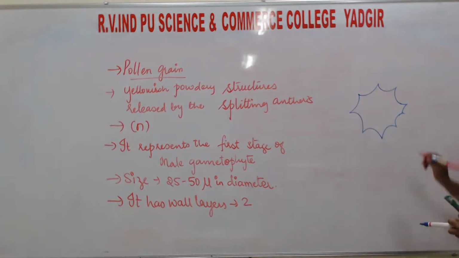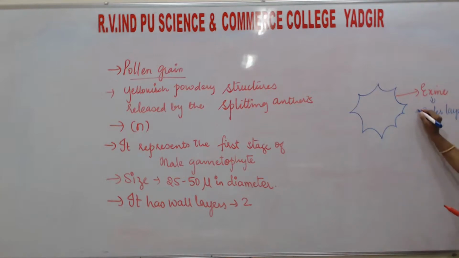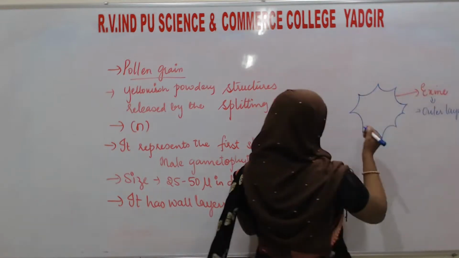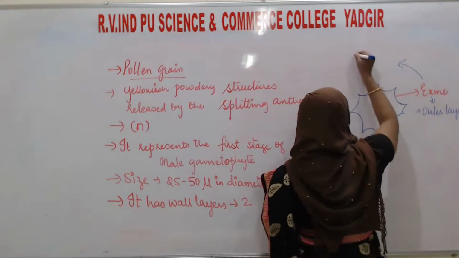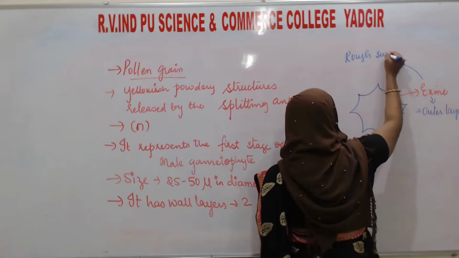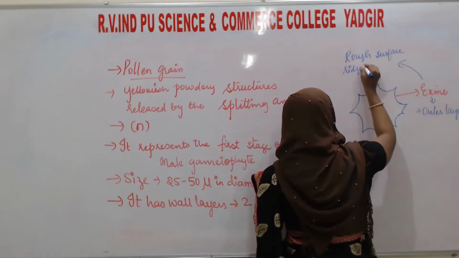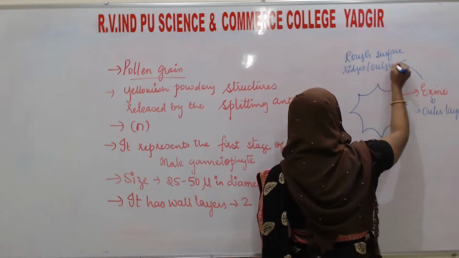This outermost wall layer is known as the exine, which is the outer layer of the pollen grain, and its surface is rough due to the presence of some ridges or outgrowths.